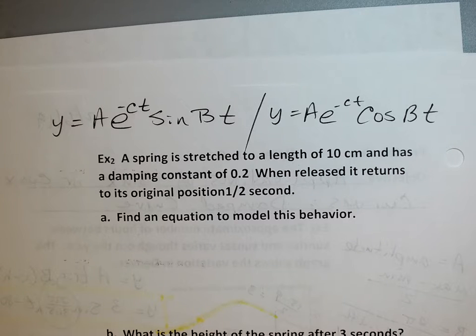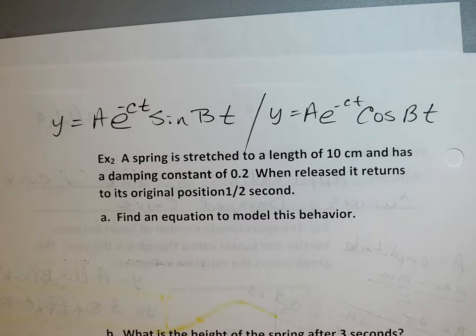And when we get the e to the negative CT, that makes it go, right? Now, the stiffer the spring, the faster it's going to go, and the looser the spring, the slower. So you get this constant C, which gives you, in a sense, the stiffness of the spring.